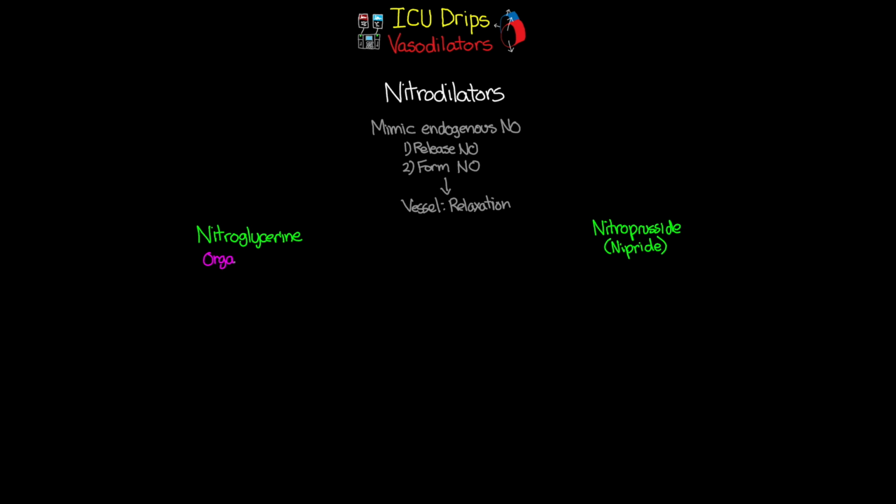Now nitroglycerin is what we often call an organic nitrate. And the reason for this is because there's an enzyme that's going to convert it to nitric oxide. And nitroglycerin is almost exclusively selective for venous vessel dilation. Now this you're typically going to find in a glass bottle with a concentration of 50 milligrams in 250 mLs.